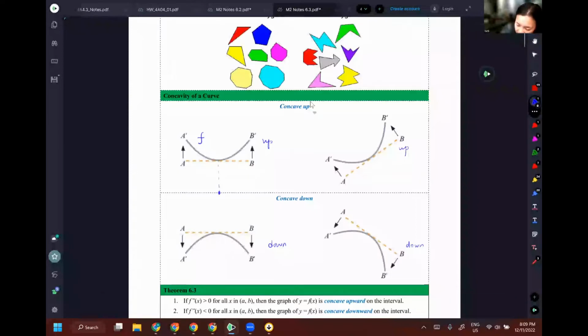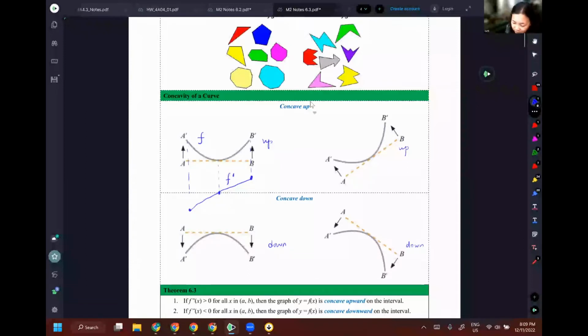This is negative. At A is negative. At B is positive. I'm talking about the f prime. This is f prime. I mean, the value of the derivative, the value is from negative to 0 to positive.